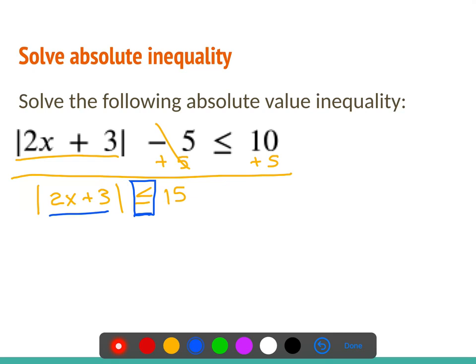That's a conjunction case, which means I take what's inside and I sandwich it between the positive and negative of what's on the other side. Remember, this is a sandwich. And then I solve. So I'm going to get x by himself.